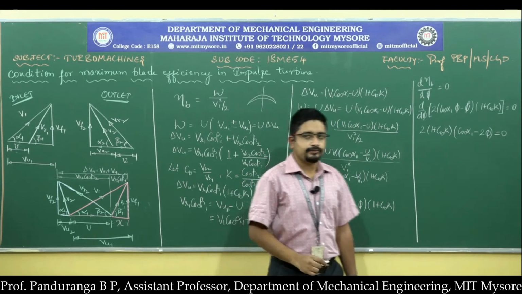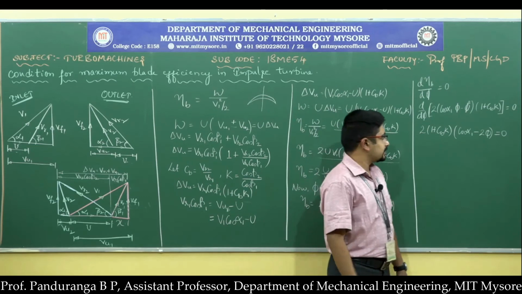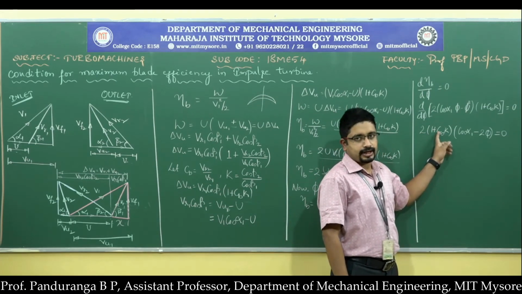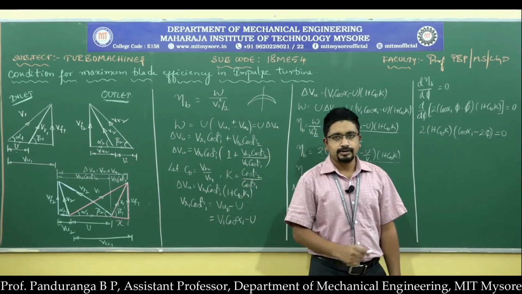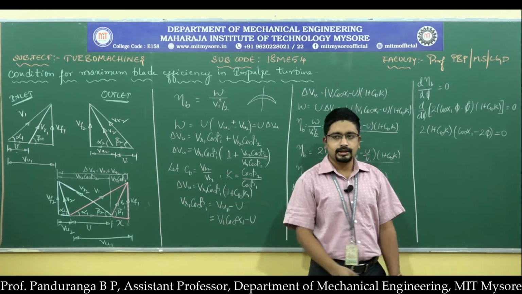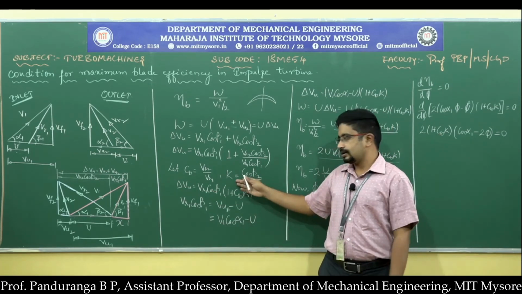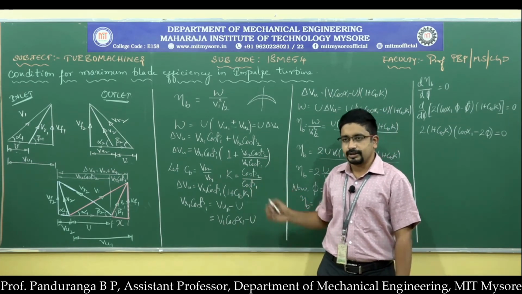If you remember basic mathematics, since Cb is a positive value, it is just a ratio of velocities. So that is a positive value. In velocity we do not have negative velocity here. So Cb is a positive value, and k is the ratio of cos of beta 2 by cos of beta 1.